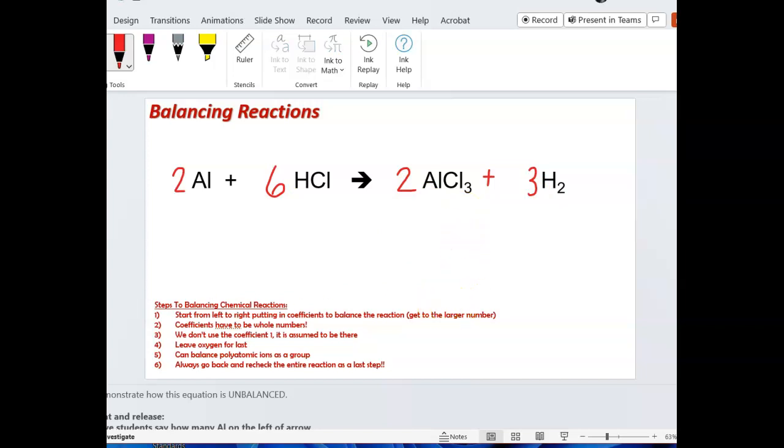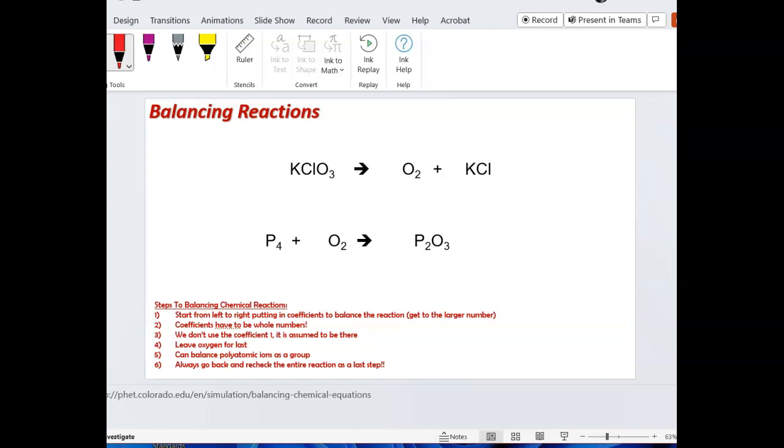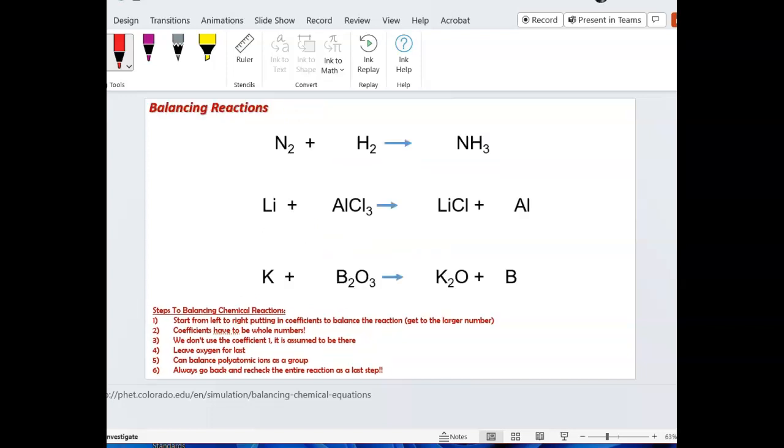Okay. So this slide here, the next 2 slides actually are ones that we did in class for practice. So you could pause the recording here and give these a try if you'd like. Here's the answers. And then we also did these 3 in class as well.